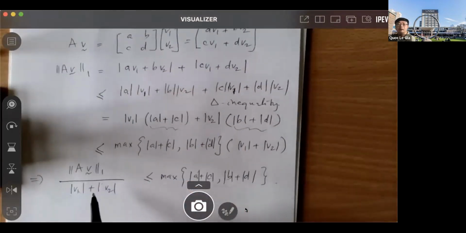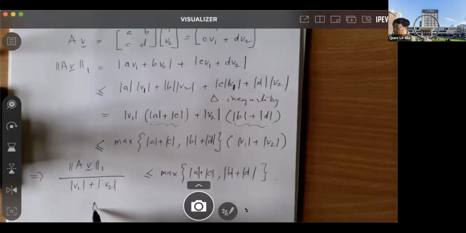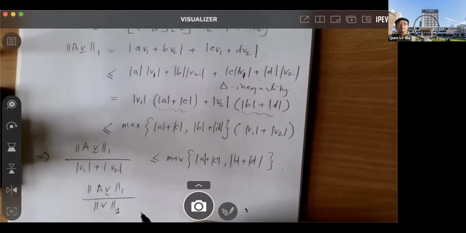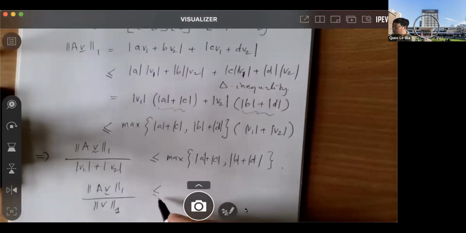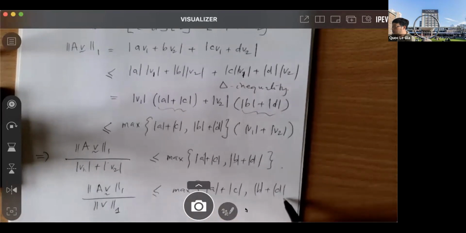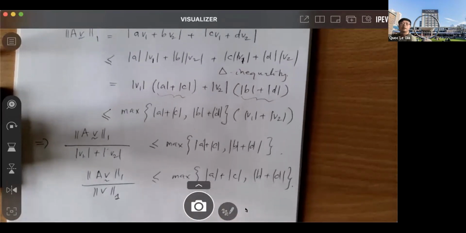So we can write AV one norm over V one norm less than or equal to the max of A plus C, B plus D, everything in absolute value.